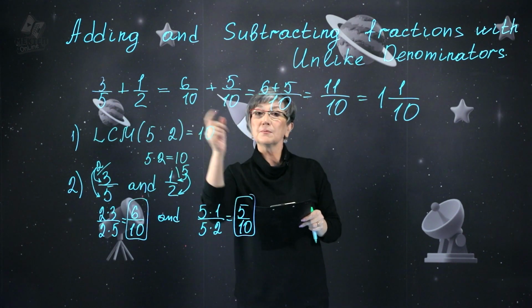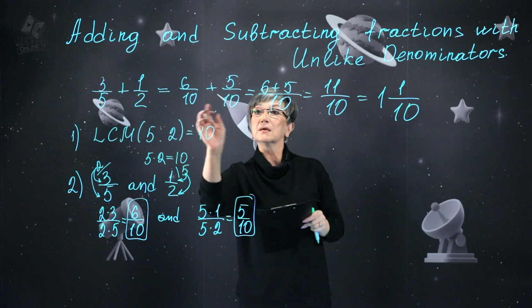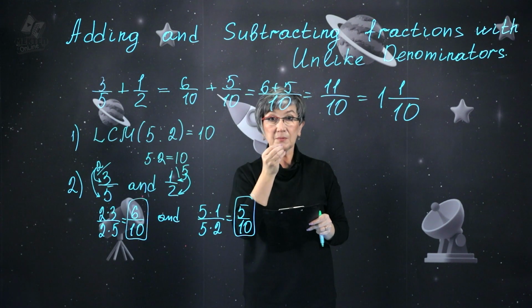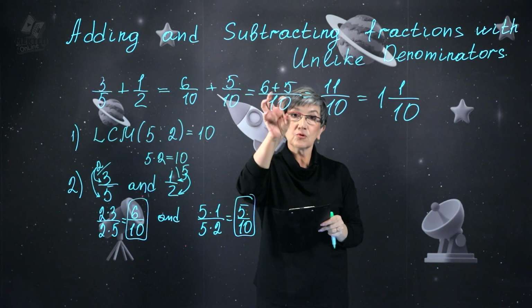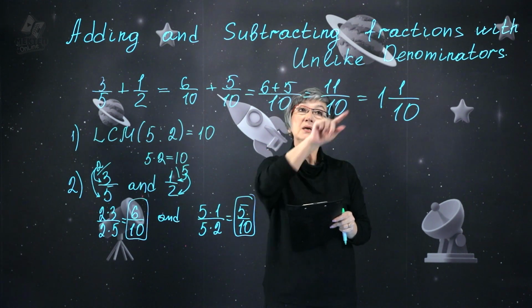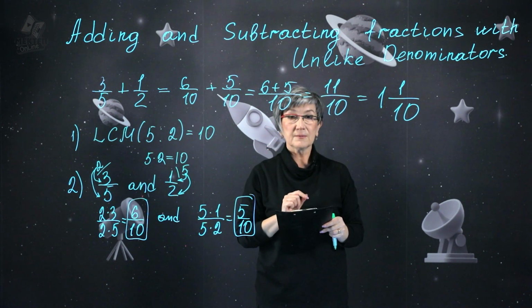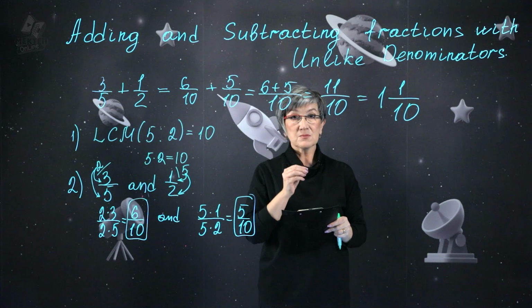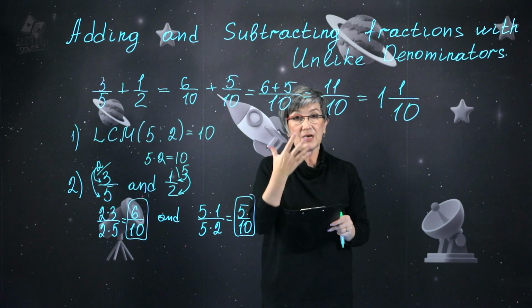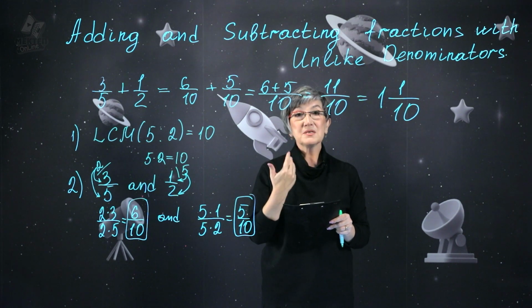That is, we make the denominators equal. Then we fix this denominator, and the numerators are added, and the result is the answer. If it is possible, then allocate the whole part, or reduce the given fraction and write down the final answer.